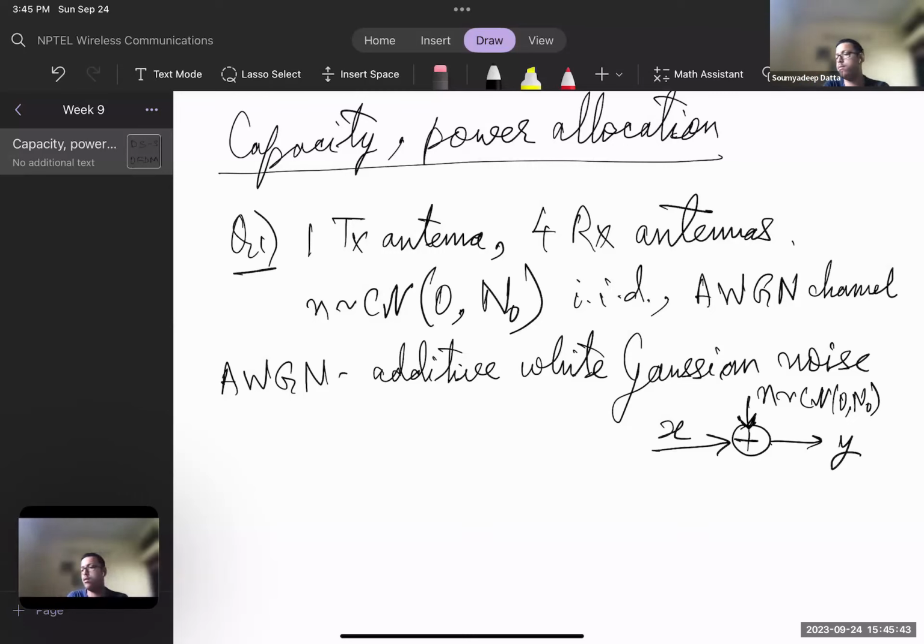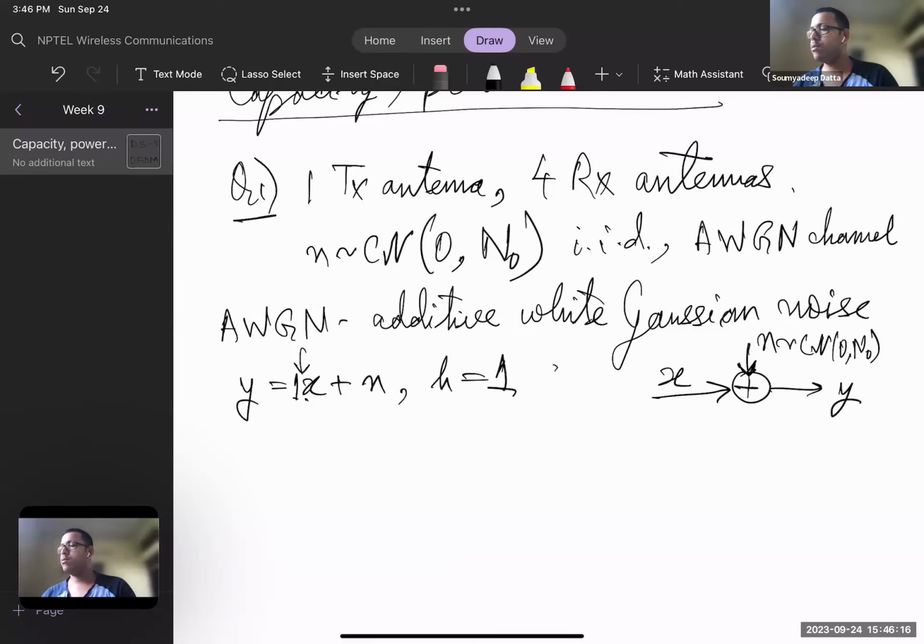In an AWGN channel, your output typically looks like this, which means that your channel H is equal to 1. Essentially it's just a unit channel. That is for single input, single output, SISO.